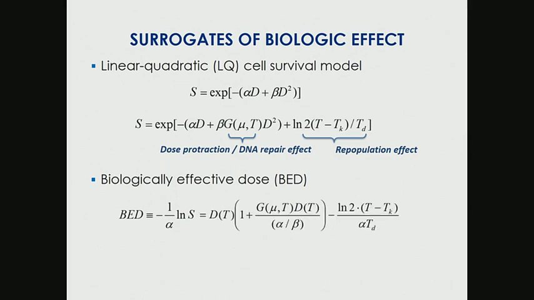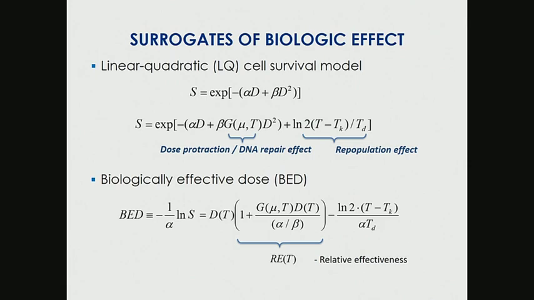When the linear quadratic model is used for the cell survival, then the biologically effective dose is fundamentally the same as the LQ model. And the quantity in this big bracket after the dose is often referred to as the relative effectiveness, as it's a modifying factor to the physical dose in order to get to the biologically effective dose.